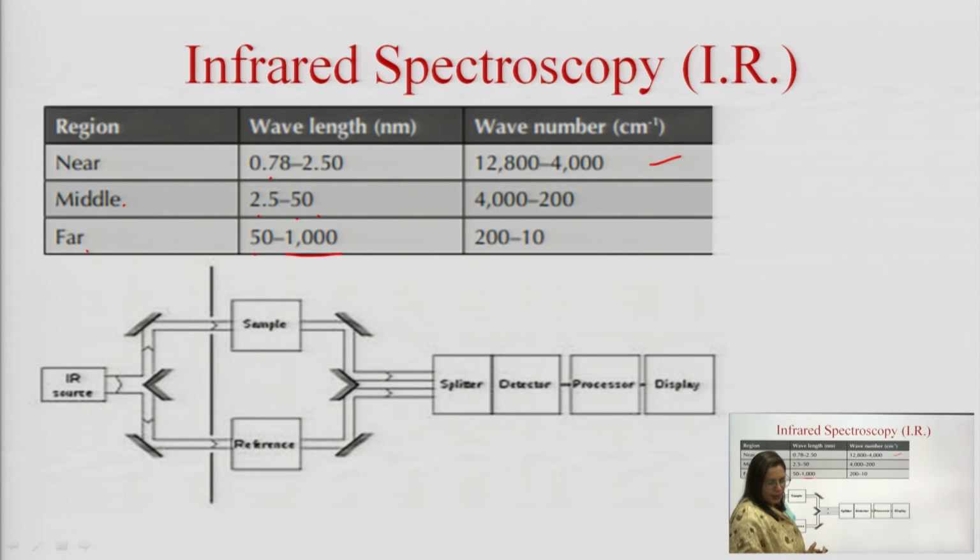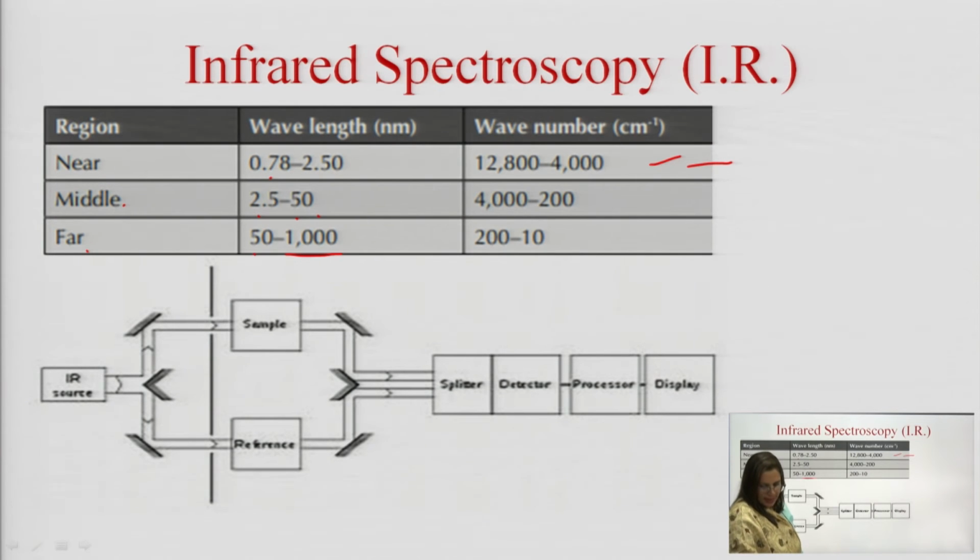These three types of infrared radiation are capable of performing different types of excitation. In the near region, the overtone or combination of the molecules are excited.